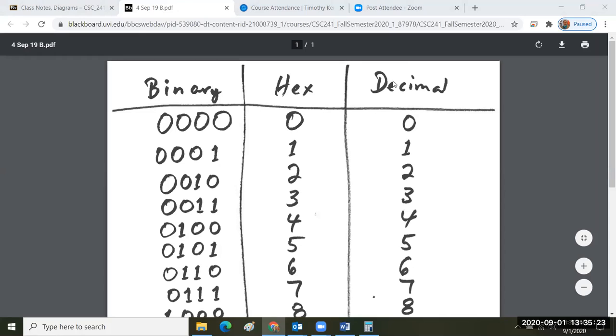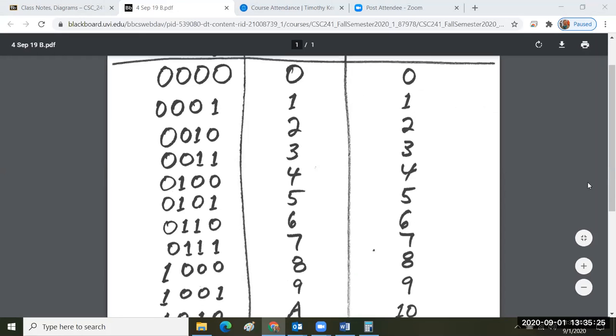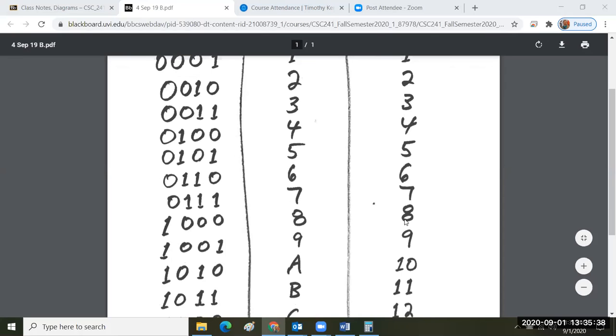So we're used to dealing with decimals, right? So decimals run from 0 to 9. If you only have a single digit to work with, you have 0, 1, 2, 3, 4, 5, 6, 7, 8, 9.